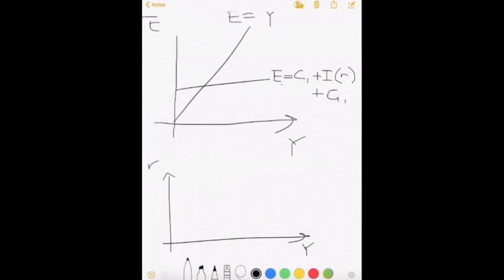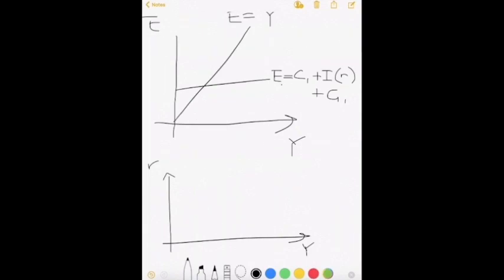But the problem is that this relationship between interest rates and GDP is different in different markets. In this particular model, we're talking about two markets, the goods and services market and the financial market, and we need to figure out what the relationship is like in both of these markets. So in order to explain the relationship between interest rate and GDP in the goods and services market, we need to make a couple of assumptions first.